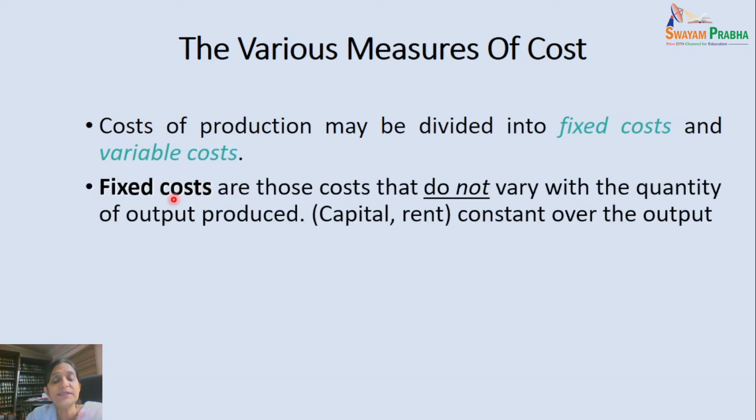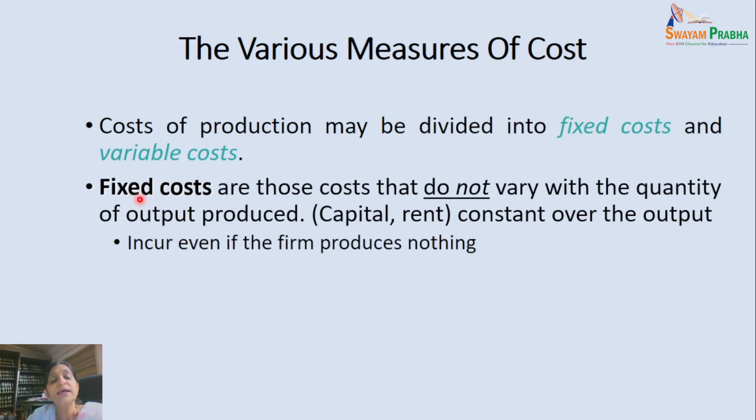What are fixed costs? As I said, fixed costs are those costs that do not vary with the quantity of output produced. Those costs which are not going to change irrespective of the level of output the firm is producing are called fixed cost. Why? Because these are those inputs whose quantity we are not changing.